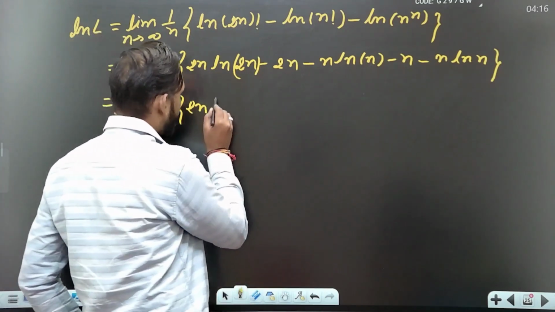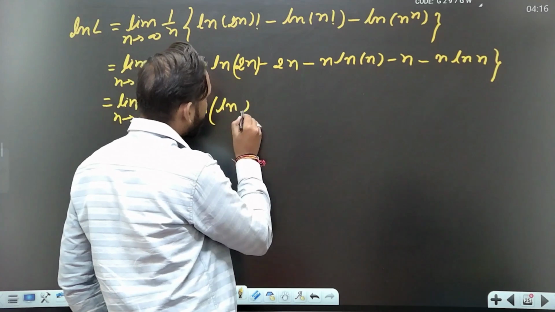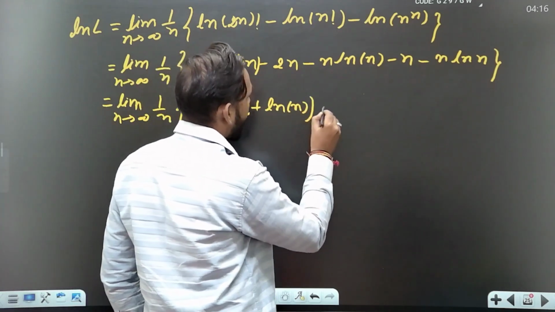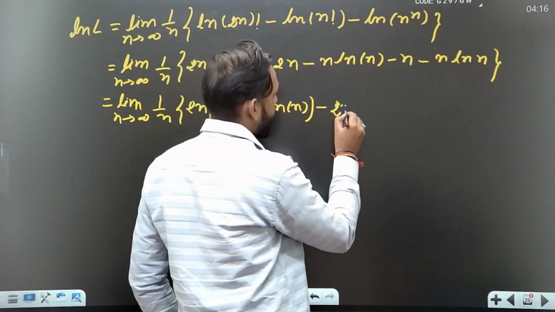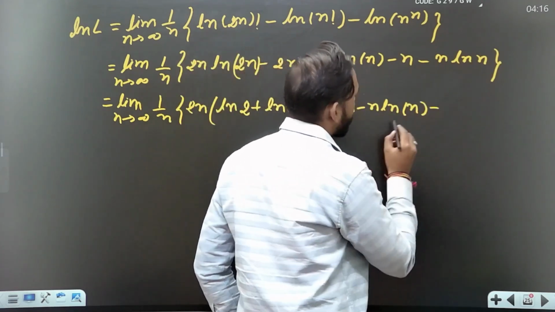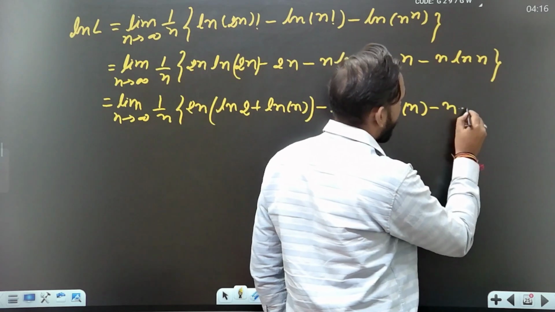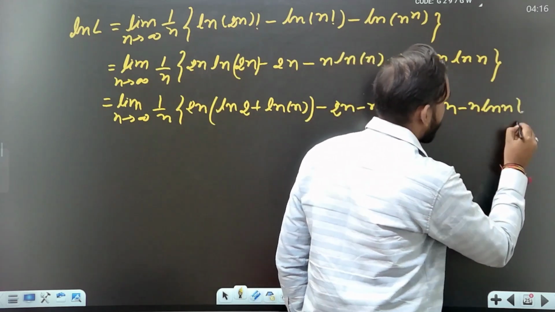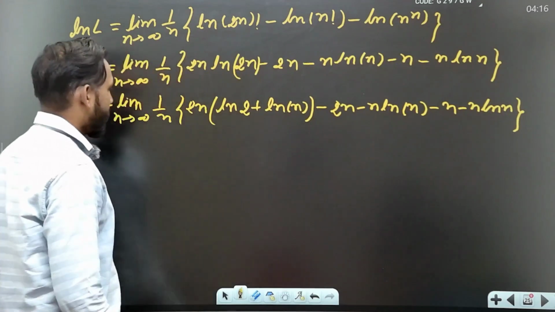Then we apply here ln 2 plus ln n, and again 2n as it is, minus ln n as it is, minus n, and then n ln n. Yes or no? Okay sir.